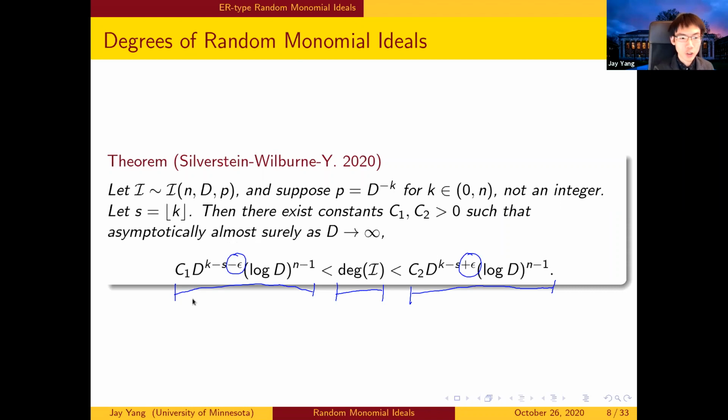But we've basically told you that the degree is approximately d to the k, well, k minus, let me write out the notation, floor k log d, all to the n minus 1. Right? So we've told you asymptotically what the degree is, with some caveats. There's some epsilons, and we can't completely get rid of the epsilons.